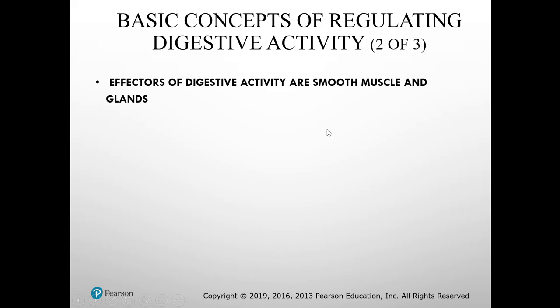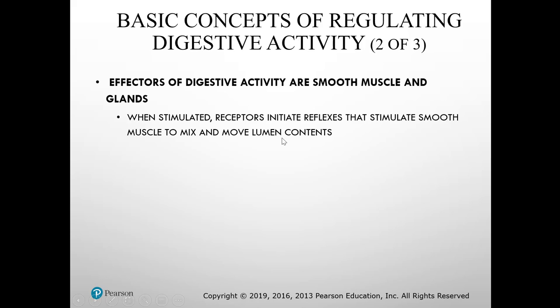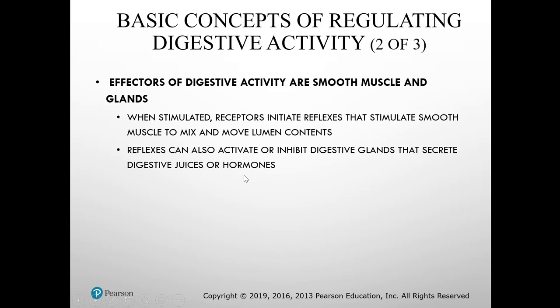Then you have the effectors of the digestive activity, which are your smooth muscles and glands. And when they are stimulated, receptors initiate reflexes that stimulate smooth muscle to mix and move lumen contents. The reflexes can also activate or inhibit digestive glands that secrete digestive juice or hormones.